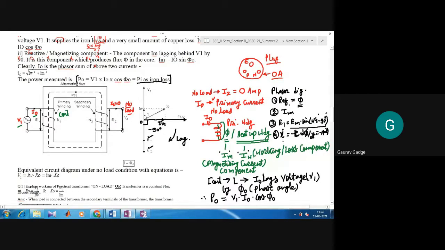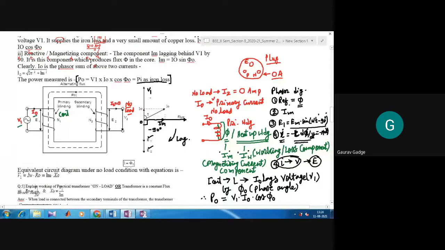So it means this current and voltage go together, but the current and the EMF induced are both in opposition. So if E1 and E2 are on the negative y-axis, V1 is to be on the positive y-axis.